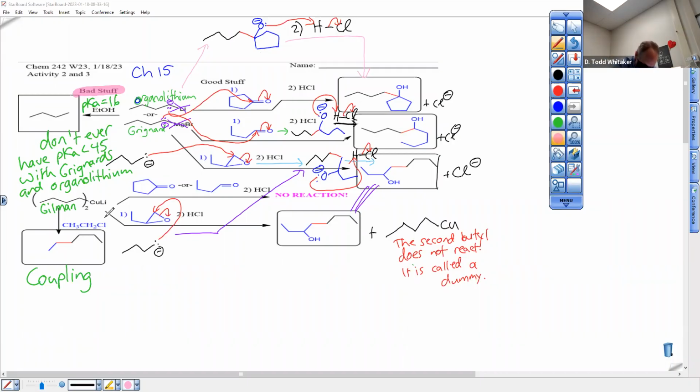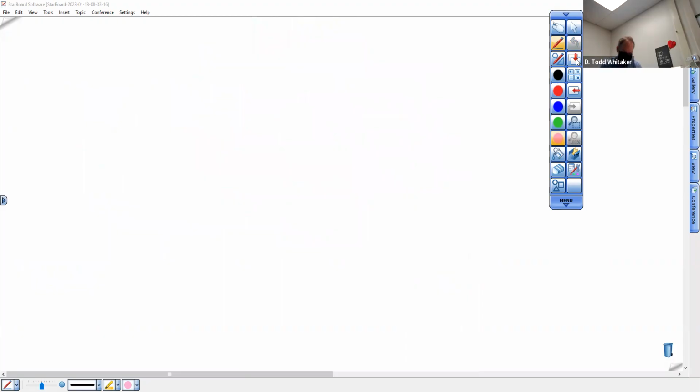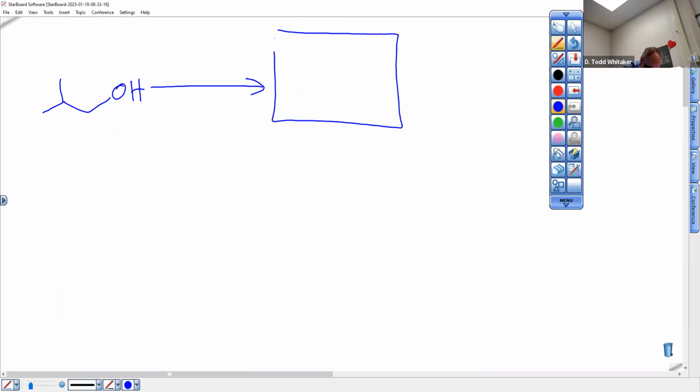And here it is. We're going to take it from the top. Let's do this guy and see if we can predict products. Just copy everything down here. Why not? SOCl2 and pyridine.